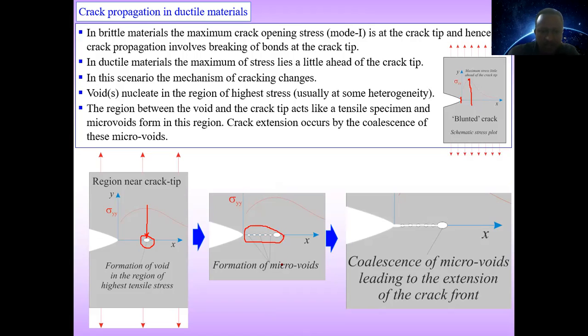And crack extension occurs by the coalescence of the microvoids. So here we can see the coalescence of microvoids leading to the extension of the crack.